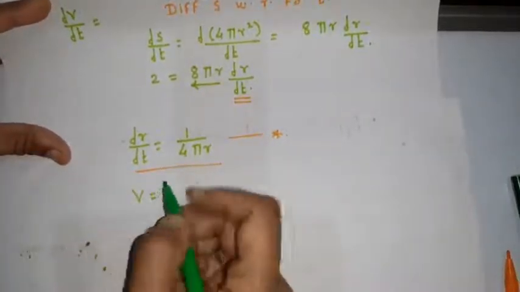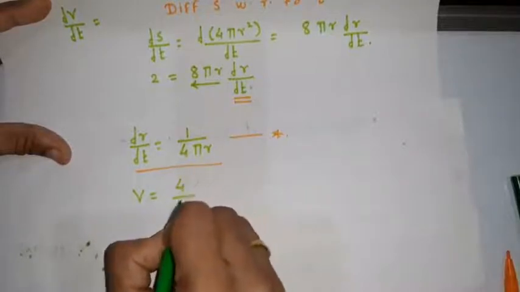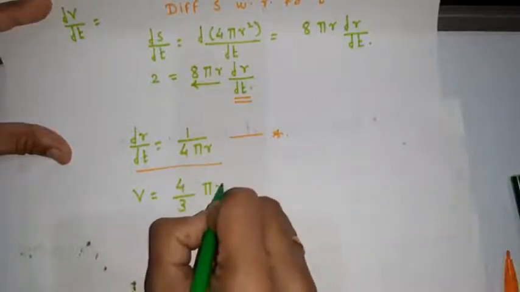We have the formula of volume, that is v equal to 4 by 3 pi r cube.